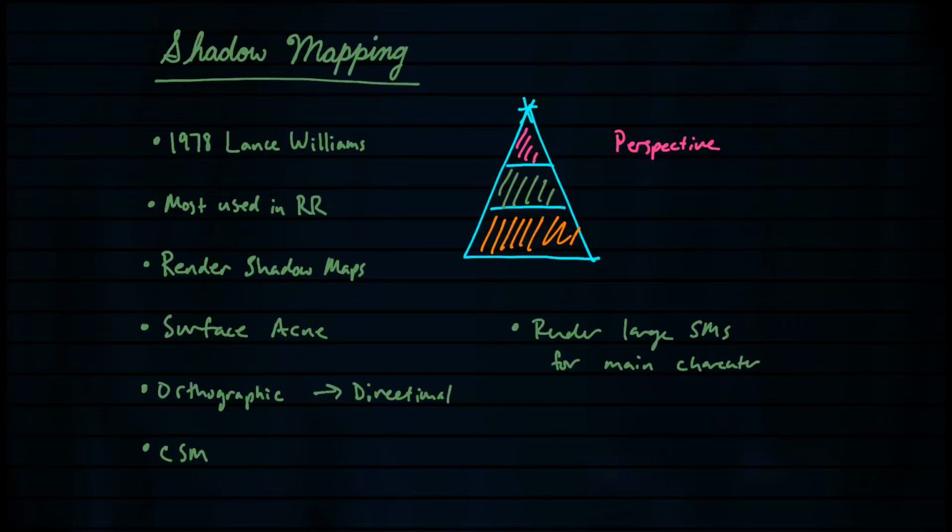Okay, and to put this in perspective, if you draw a low resolution, like say 64 by 64, you're talking about 4,096 pixels inside the shadow map. But if you were to render a much larger shadow map of say 2048 by 2048, then you're talking over 4 million pixels, which is a considerable amount.